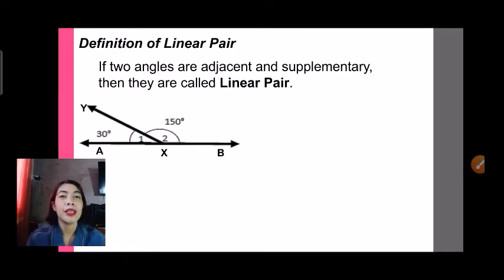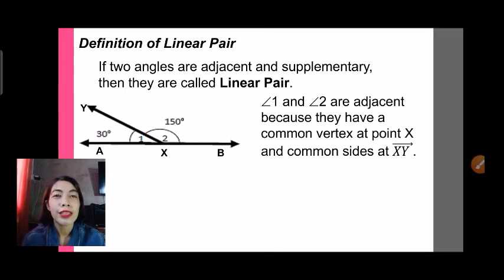Okay, let's say in this figure, we have angle AXY and angle BXY. So, kung titingnan natin, nakabuo tayo ng straight angle. So, this is supplementary. And they share a common ray and a common vertex.